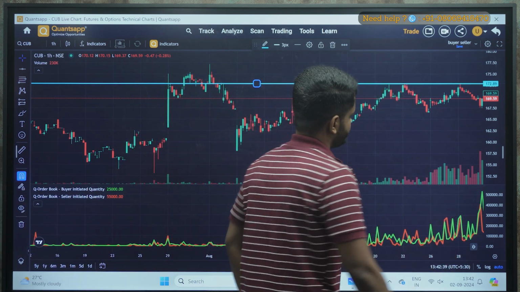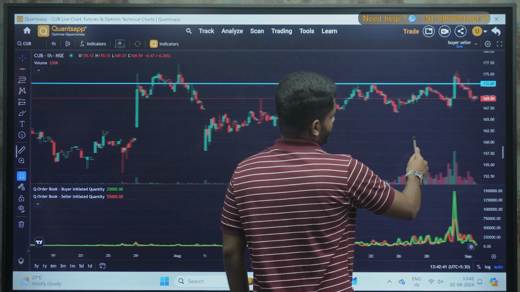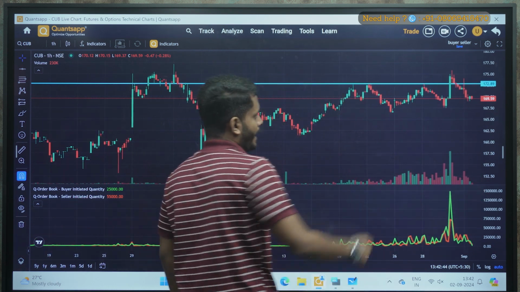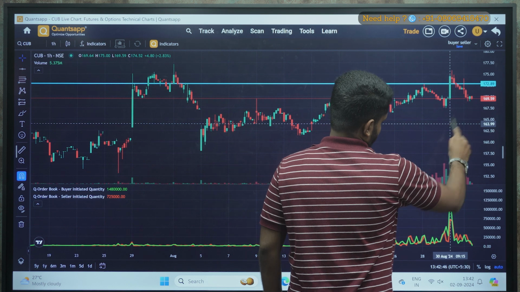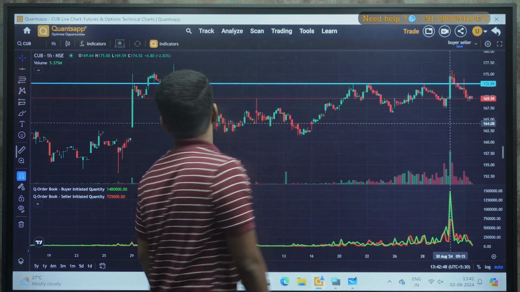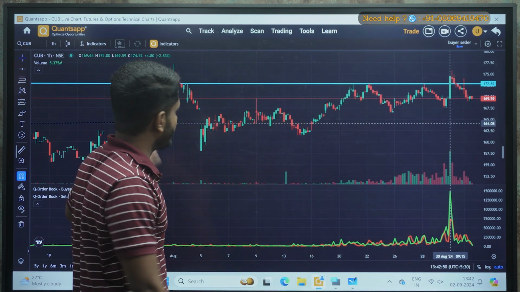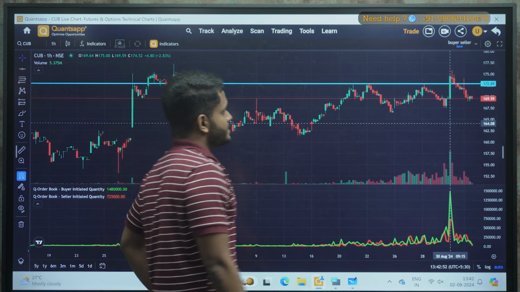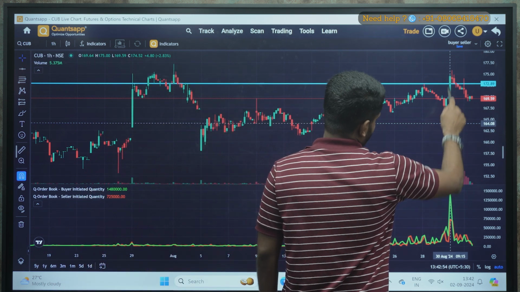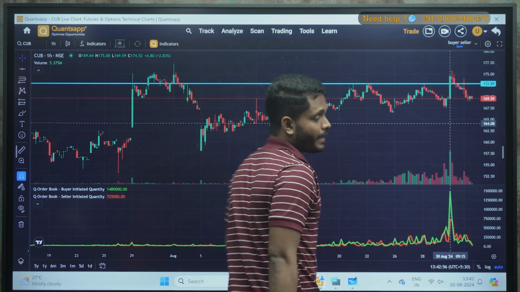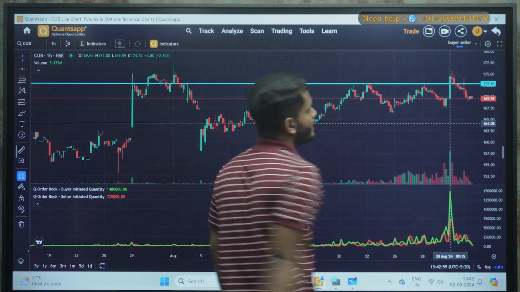Now if I move forward, see, around the 9:15 candle, a 1 hour time frame candle, it has given a decent closing. If you see, the volumes have also spiked up and I can also see a strong breakout.